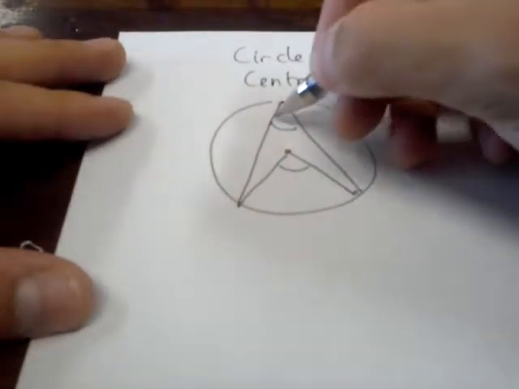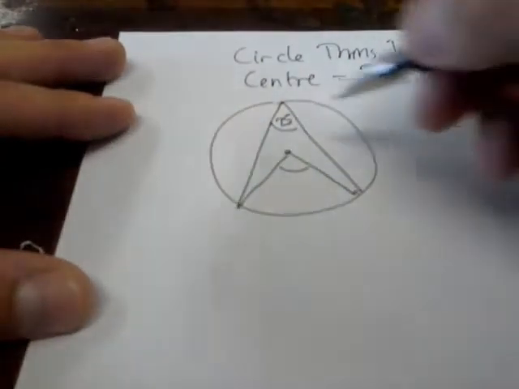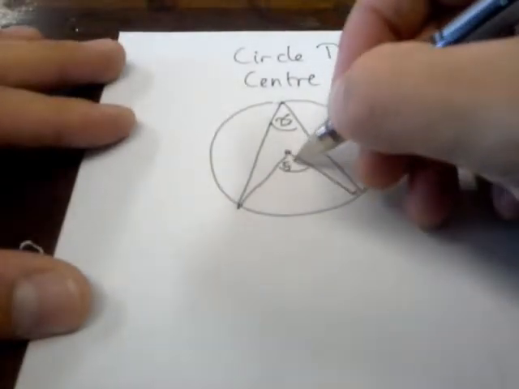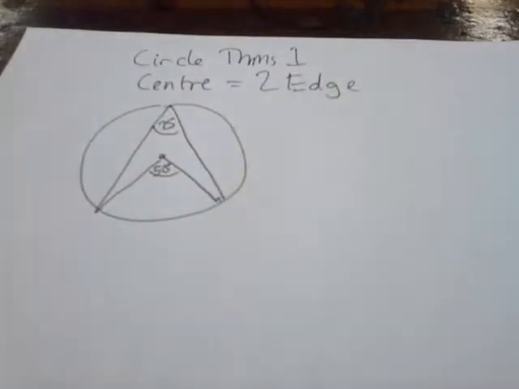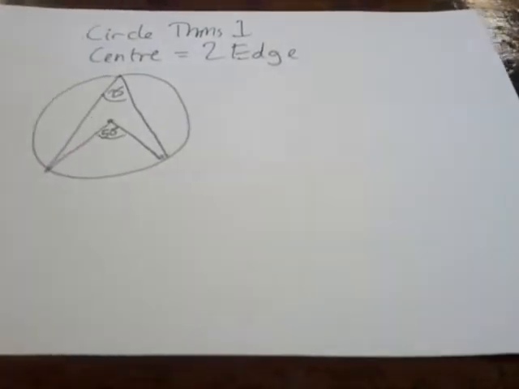So if that angle there is, say, 25 degrees, the angle in the centre here will be 50 degrees. It's pretty straightforward, always true, but let's just do a few more examples.